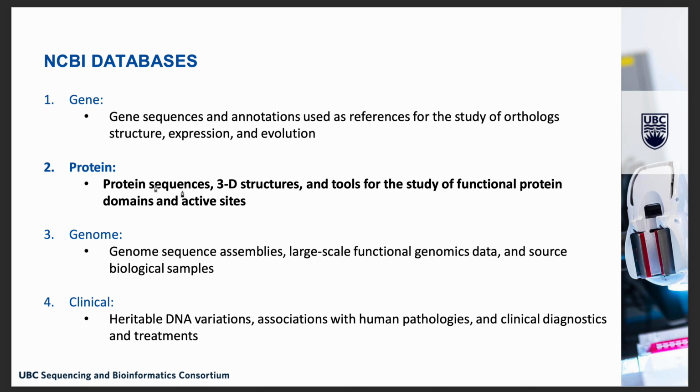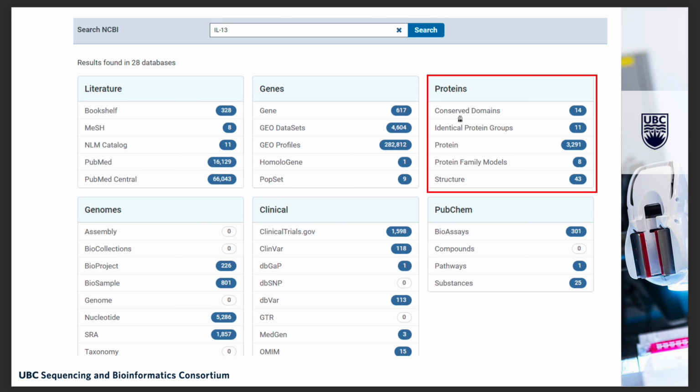Now moving to the protein, and as we know, it covers protein sequences, 3D structure, and all those tools involved in the study of proteins, functional domains and active sites. Here are those protein structures, and if you search this Interleukin 13, you will get these conserved domains, identical protein groups, then protein family models, then structure.